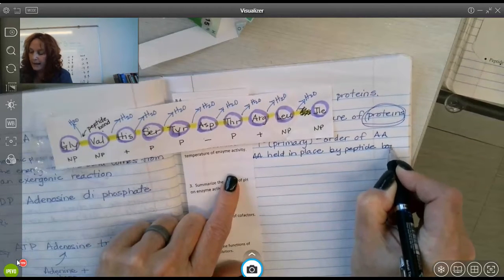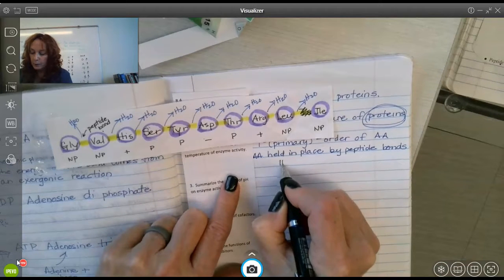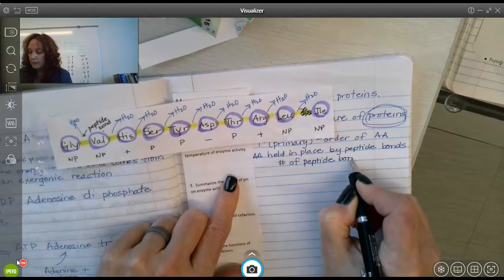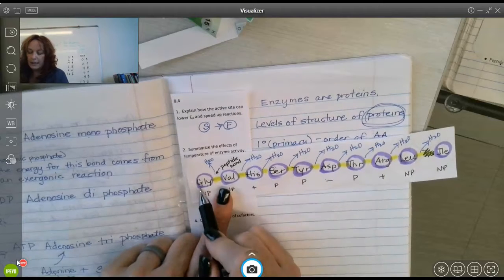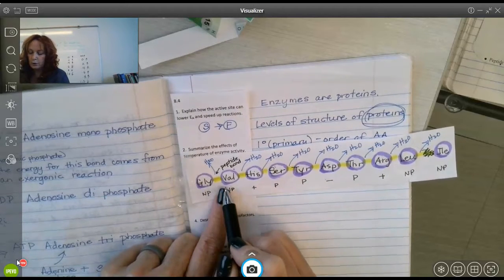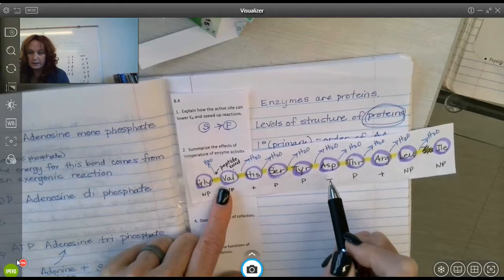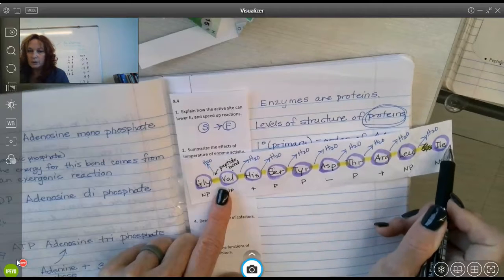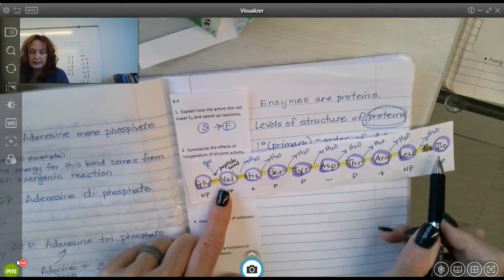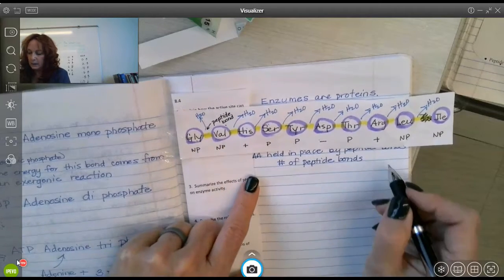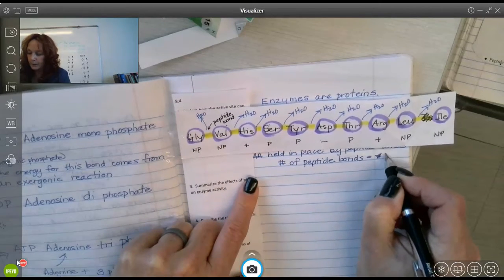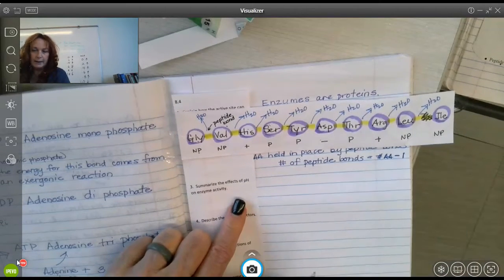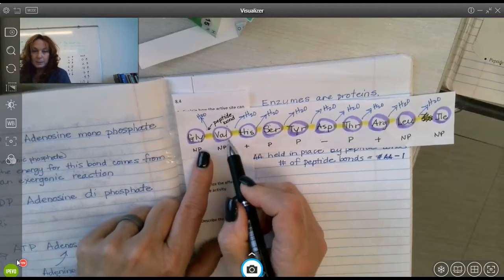Now, just a little fact, when you think about it, your number of peptide bonds is always going to be, if you think about it, I'm going to have a bond between 1 and 2, 2 and 3, 3 and 4, 4 and 5, 5 and 6, 6 and 7, 7 and 8, 8 and 9, 9 and 10, but there's no bond over here. So there's going to be one less than the number of amino acids. So it's going to be the number of amino acids you have minus 1, because you don't have a dangling bond out here at the end. So that's the primary structure.